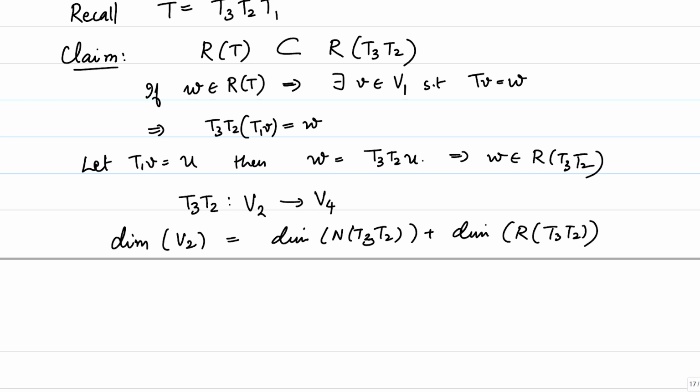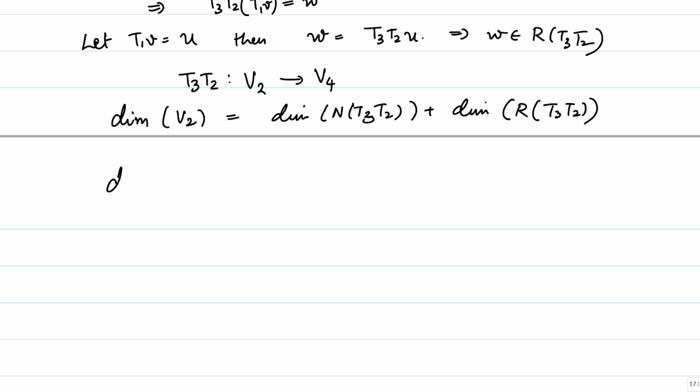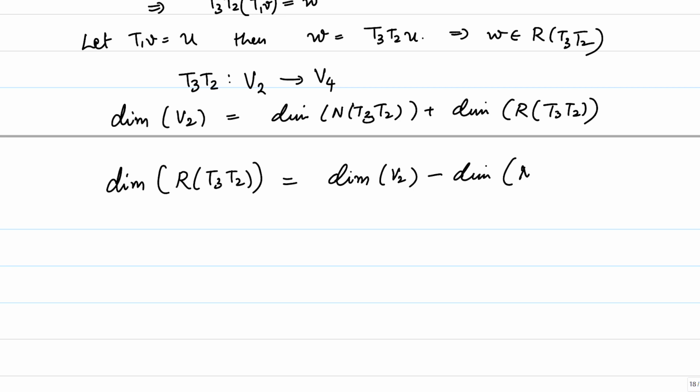Or to put it another way, the dimension of the range space of T3, T2 is equal to the dimension of V2 minus the dimension of the null space of T3, T2. In other words, the dimension of the range space of T3, T2 has to be, not strictly, less than or equal to the dimension of V2.